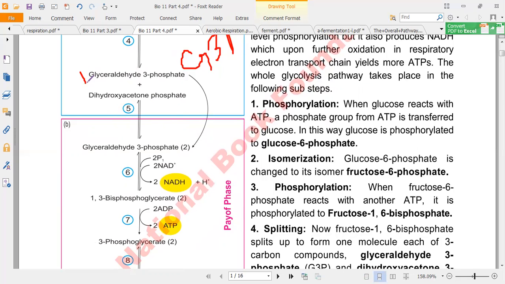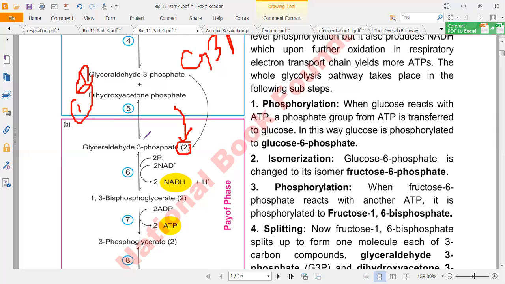So we have one molecule of glyceraldehyde 3 phosphate here and one molecule of dihydroxyacetone, which can change into G3P again. So now you can see we get two molecules of G3P. That's why it is a reversible reaction.